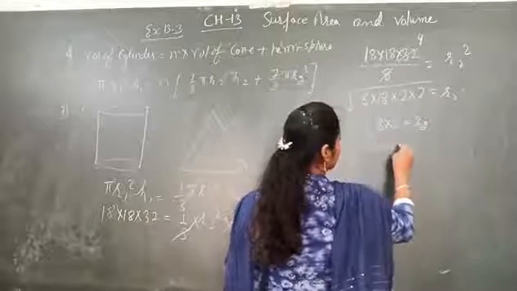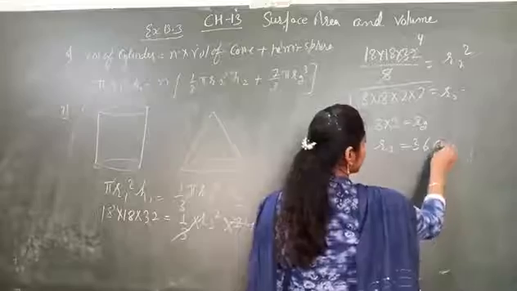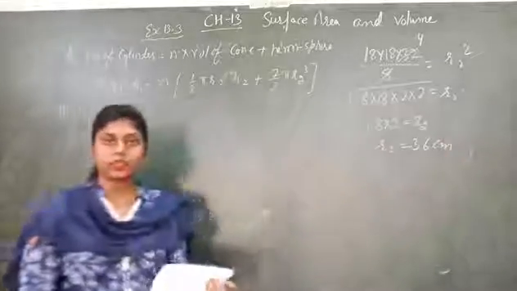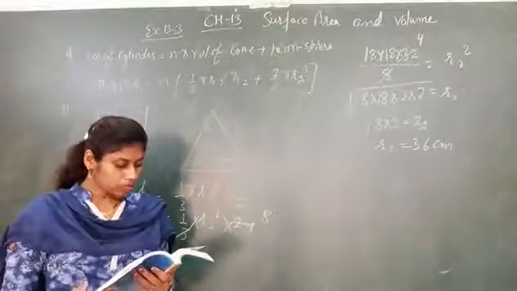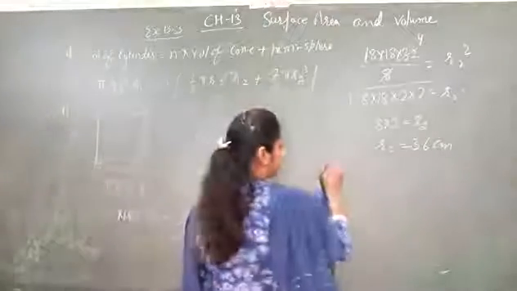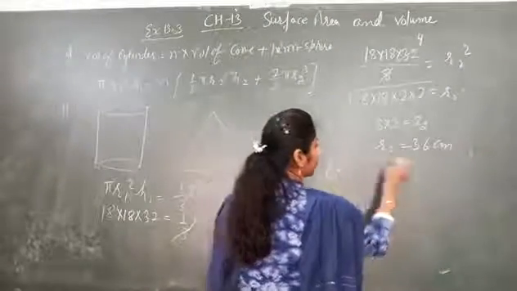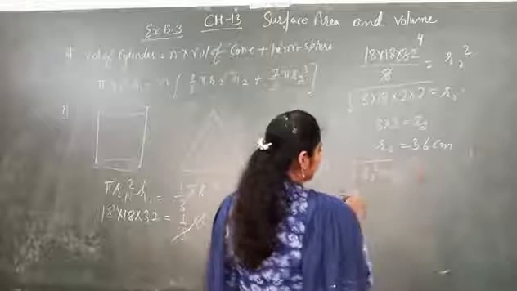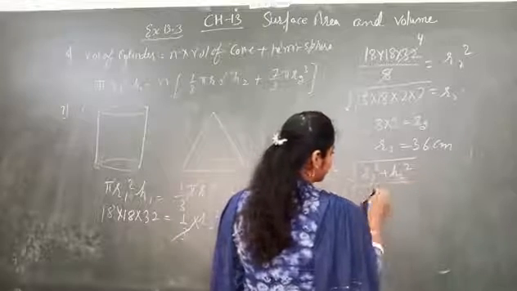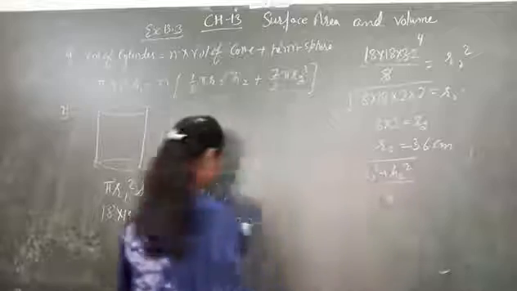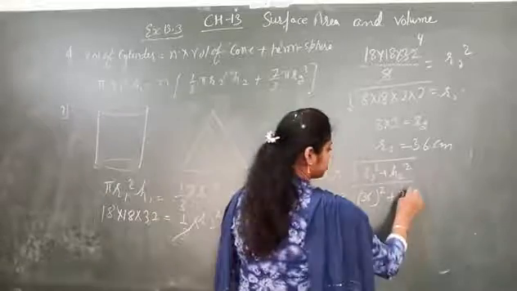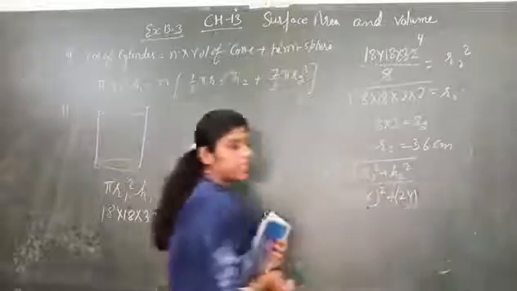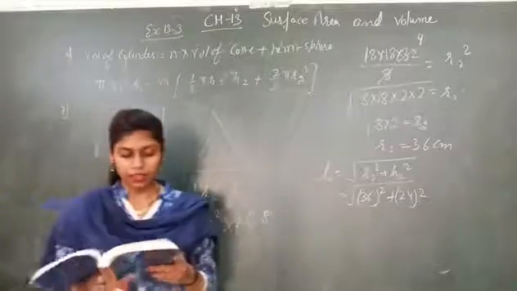So r2 will be equals to 36 centimeter. Clear? Now we have to find the slant height, that is L. Formula of L is square root of r2 square plus h2 square. r2 is 36, h2 is 20. Simplify it, then you will get the slant height. Clear?